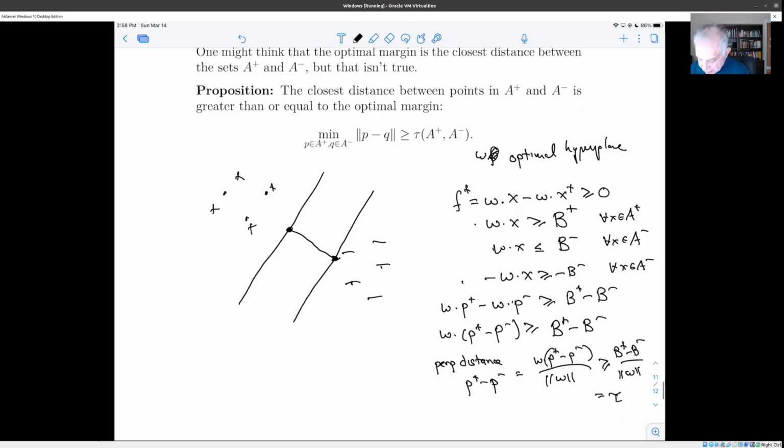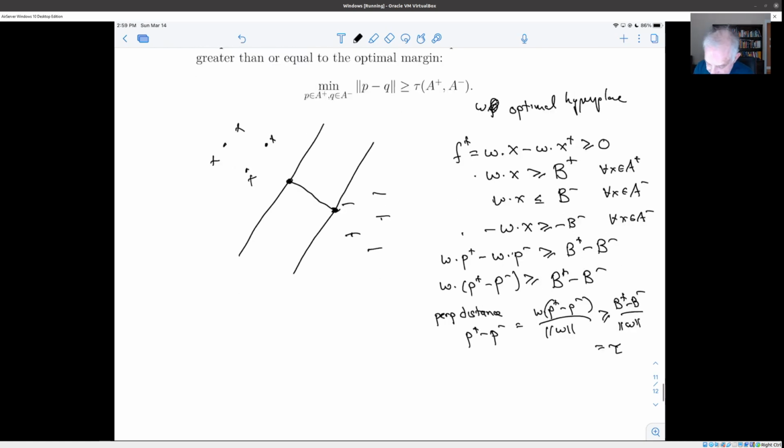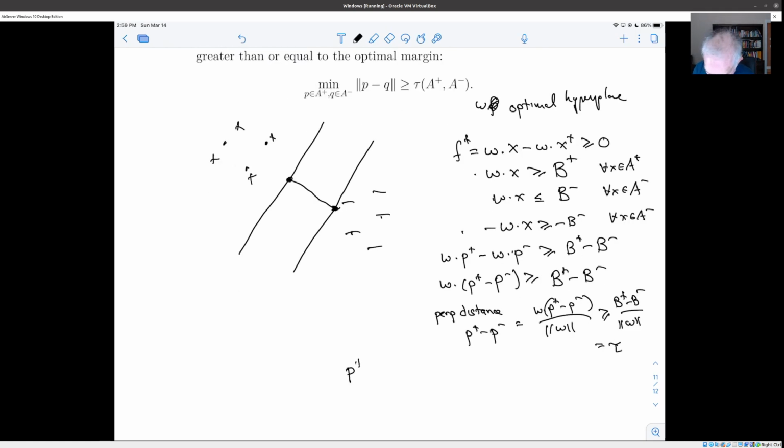So the perpendicular distance between any 2 points is always bigger than or equal to the margin. And the true distance is always bigger than or equal to the perpendicular distance, because this has a cosine of theta in it.